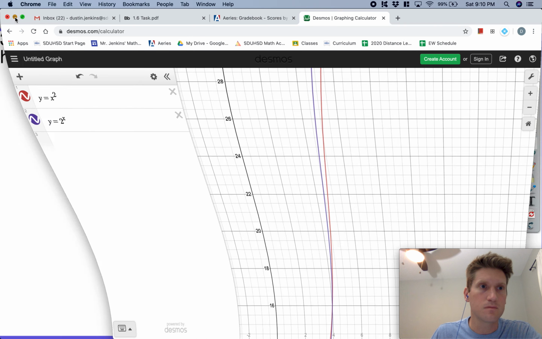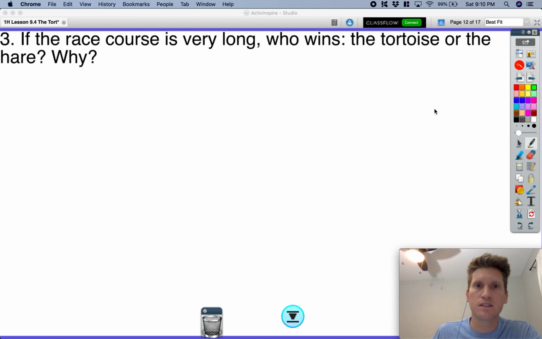So when it says if the race is really long, who wins? The tortoise or the hare? So the tortoise will actually win.